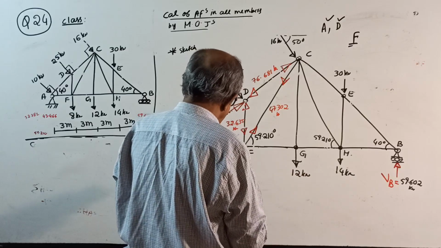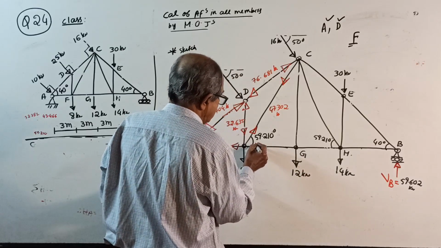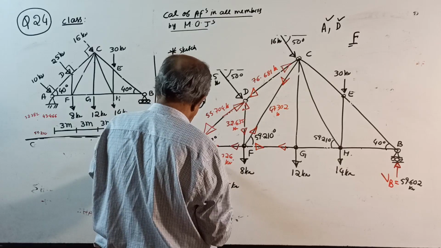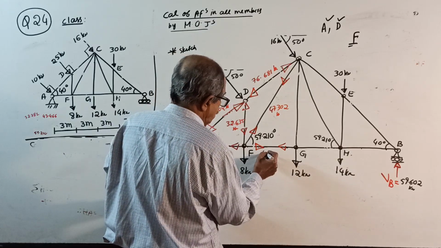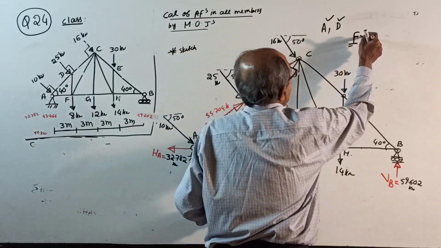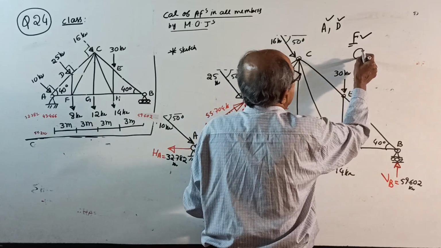It will come this way, minus 69.026, 44.812 will come. Next, after F over, come to G.